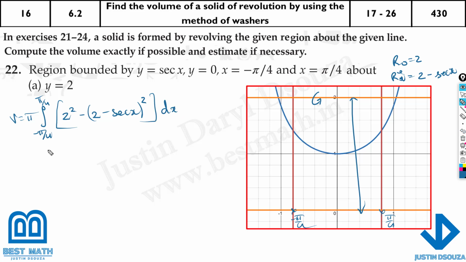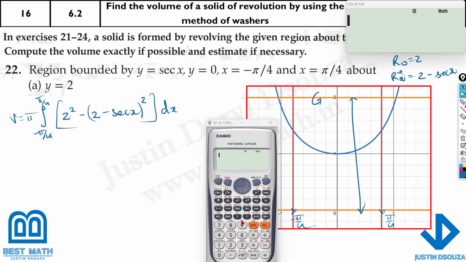Now, this is along dx, and we'll just put that in the calculator. The thing is, how will you put secant x? We don't have secant x in the calculator. So here, 2 square minus, open the bracket, 2 minus, secant x is 1 by cosine x. So it's just cosine alpha x, close the bracket, and then close the bracket again, and then square it up.